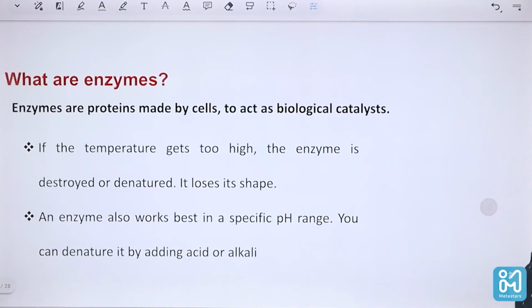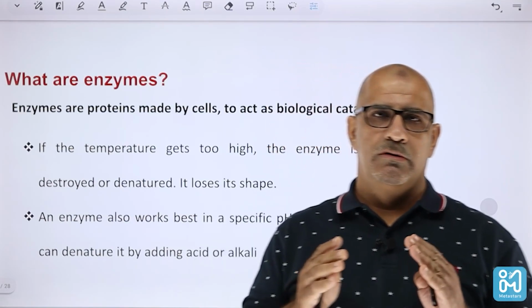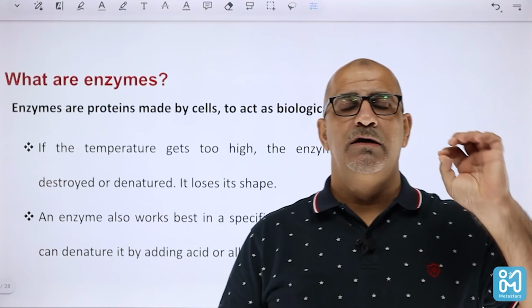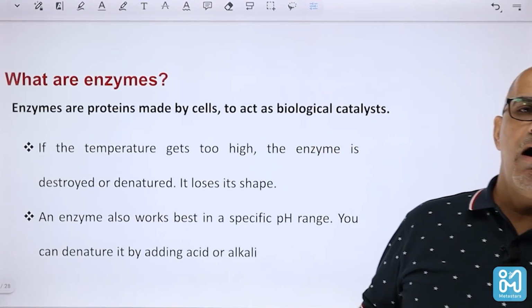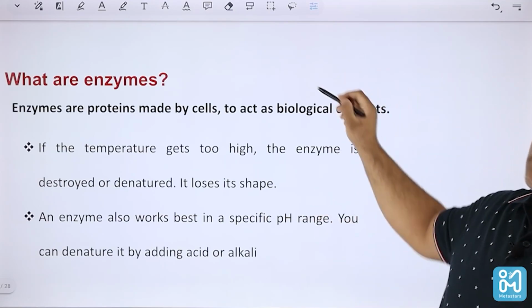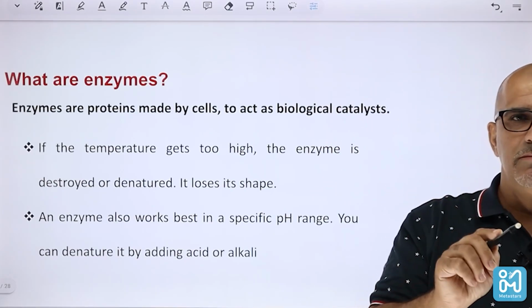Now, as an example about the catalysts, there is a biological catalyst, which is the enzymes. There is a question in the past papers, what are enzymes?